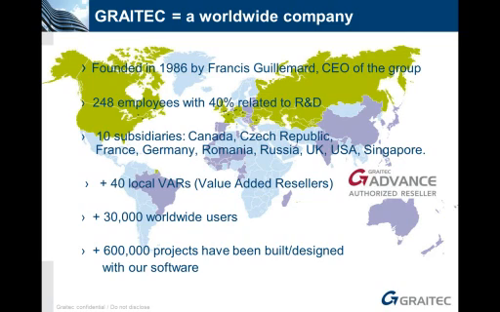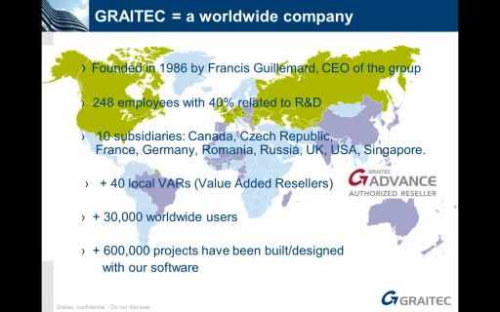Great Tech has its own subsidiaries in Europe, in Germany, France, UK, Romania, Czech Republic. We are also present in Russia, and also in USA, in Canada, but also in Asia, in Singapore.